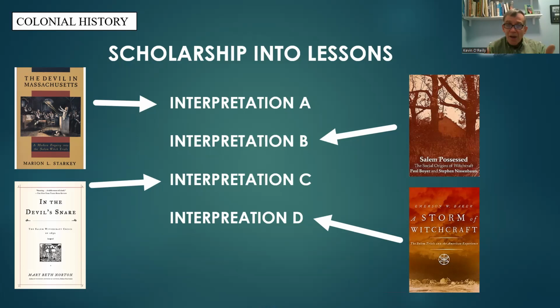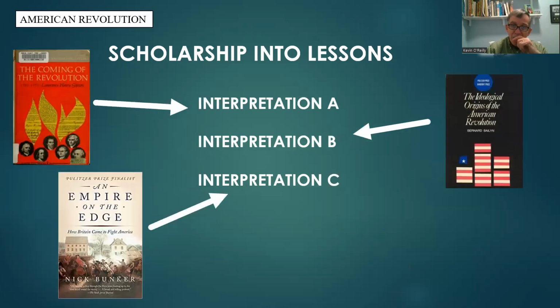And so these are actual books. Marion Starkey, Boyer and Nissenbaum is one of the most famous on the Salem witch trials, Mary Beth Norton and Emerson Baker, who's a professor at a local college, Salem State. So they're getting these interpretations in a short form that they can actually deal with.